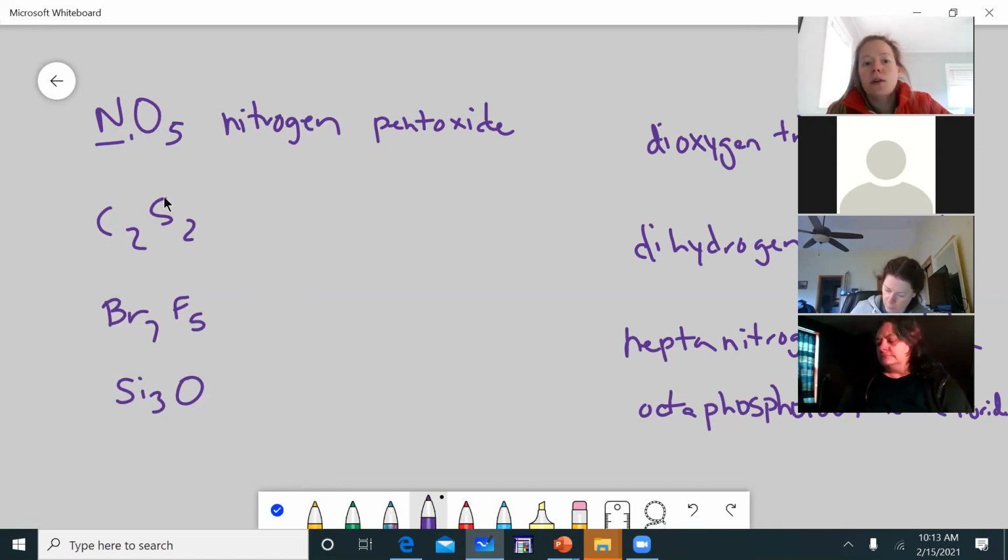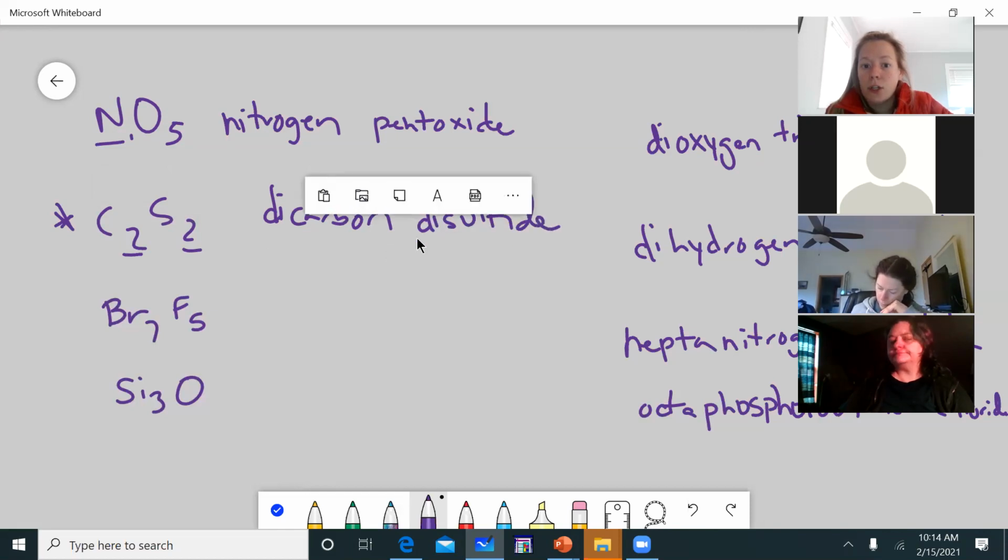This here, C2S2, I picked this one because both of them have 2. You do not reduce in molecular, okay? So I'm not going to cut those down to 1 and 1. So if there's 2 and 2, I need to say that there are 2 and 2 of each. So dicarbon disulfide.